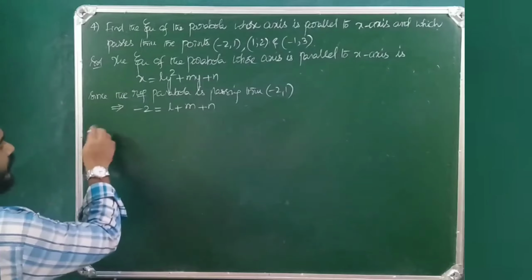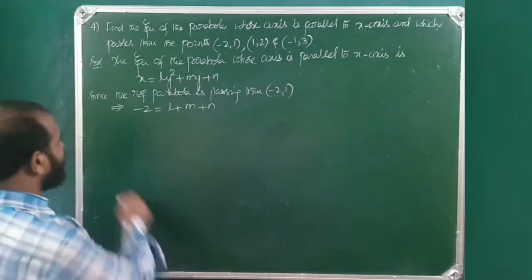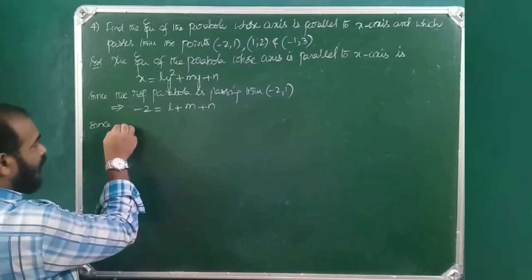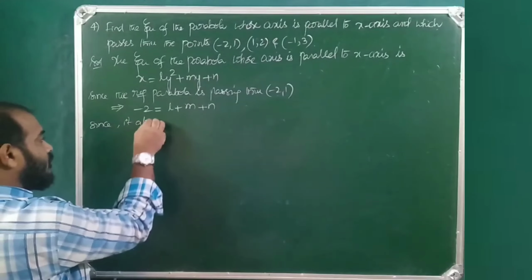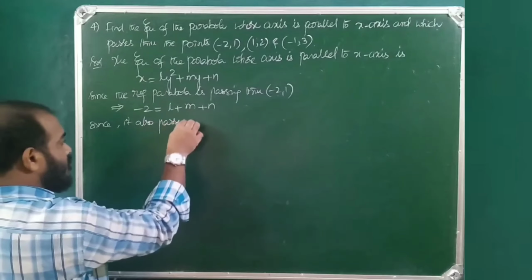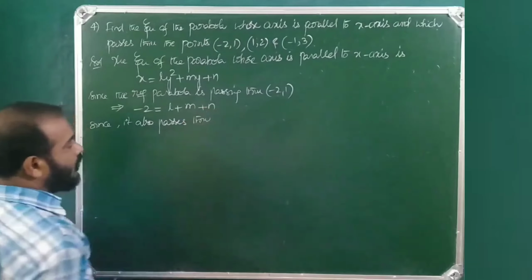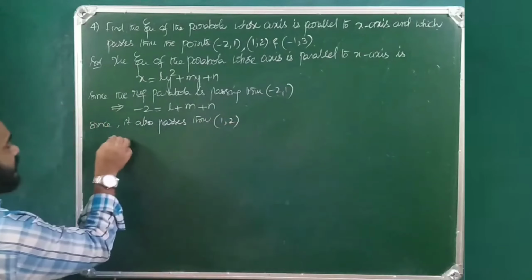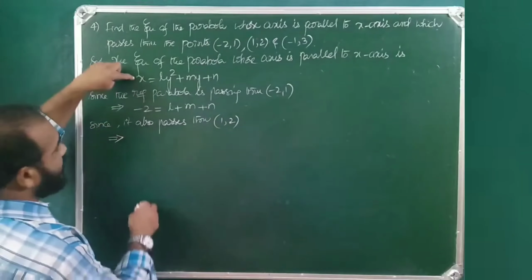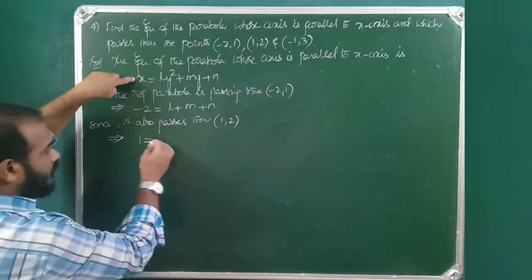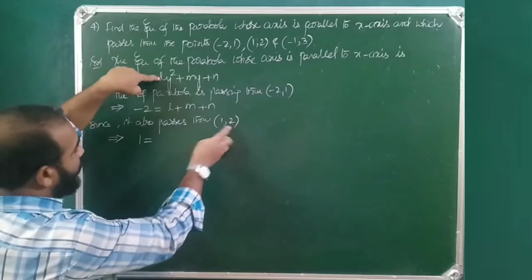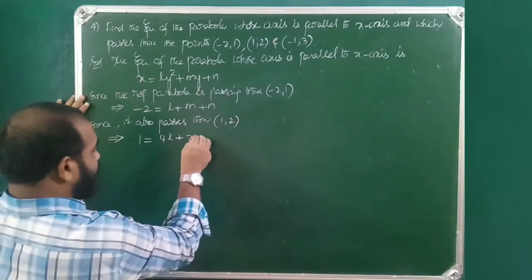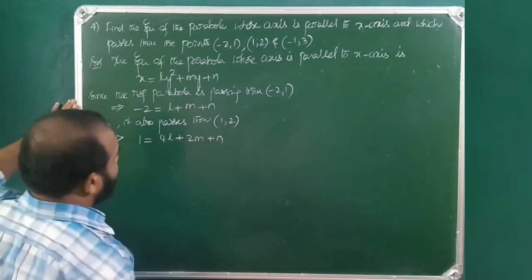Since the required parabola also passes through 1 comma 2, this implies 1 equals 2 square, 4 into L, 4L, plus m into 2, 2m, plus n.